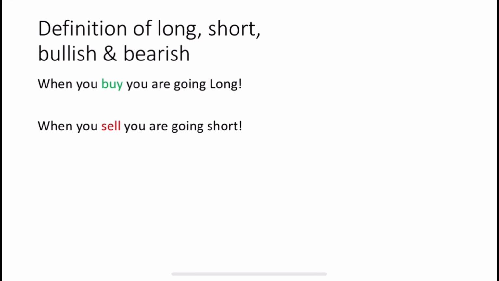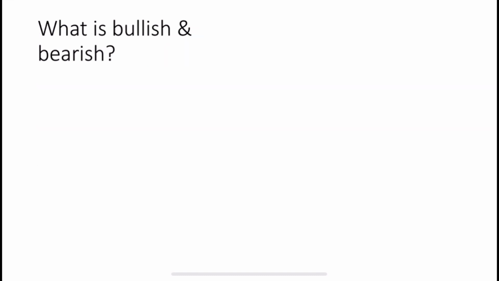So let's say in my Telegram group, I send out a signal and tell you I'm going long on USD JPY. It means I'm buying. Same for selling. If I say I'm going short on the USD JPY, it means I'm selling that currency pair. So long equals buy and short equals sell.